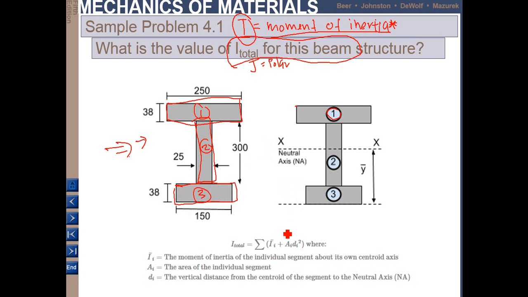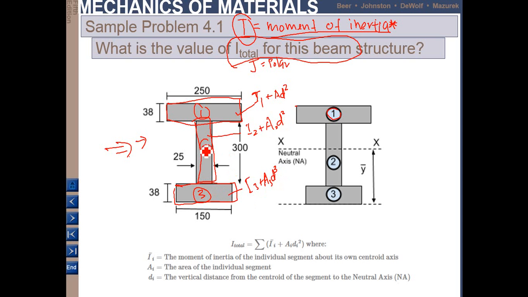Okay, and then the equation to find the I total is the summation of the moment of inertia for the first structure I1, plus area times distance square from the centroid, and then I2 plus area for number 2 times the distance square from the centroid, and also the same, I3 plus area times the distance from the centroid.